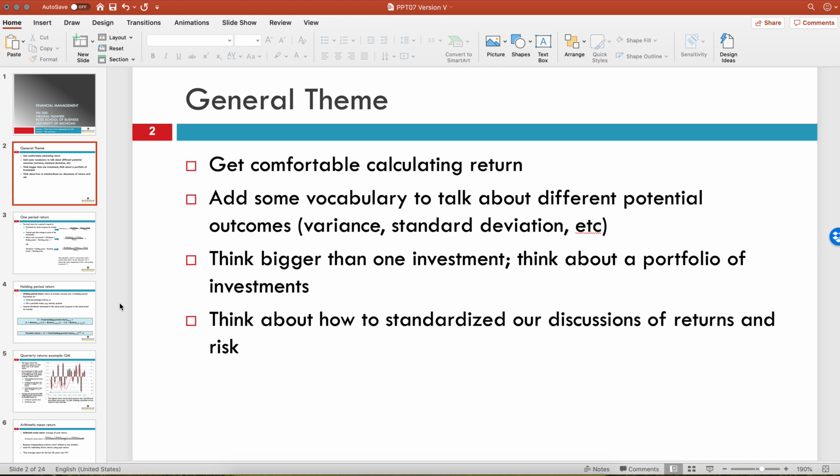We're also going to think bigger than one investment. We're going to think about what happens when we have a portfolio of investments. Before, we looked at an NPV of a project and we said, oh, this project has a negative or a positive NPV. Now we're going to think about whether or not two different projects can help us get a better return for lower risk. And lastly, we're going to think about how to standardize discussions of returns and risk.